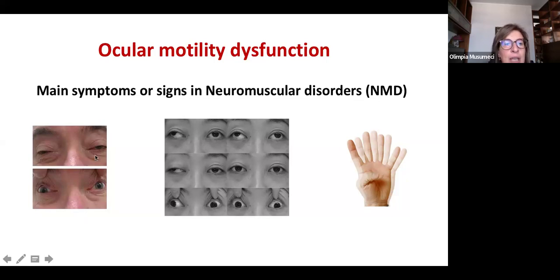First of all, patients can have eyelid ptosis that can be unilateral, bilateral, fixed, or fluctuant. They have a limitation in eye movement, which is the topic of our presentation, and they can have another symptom that is not always present, and that is diplopia.